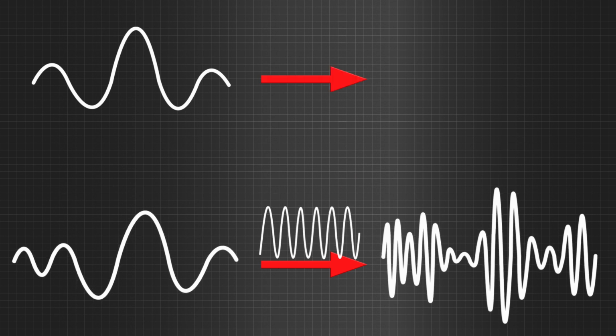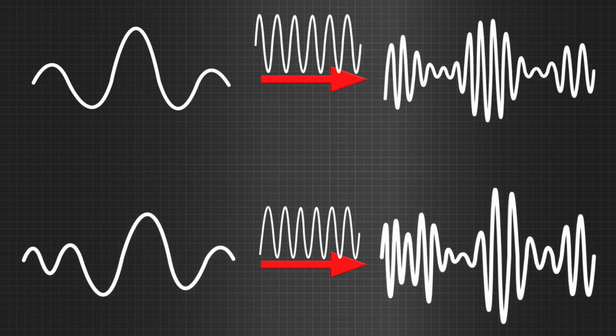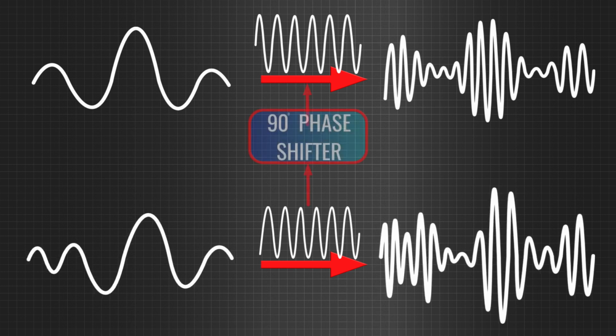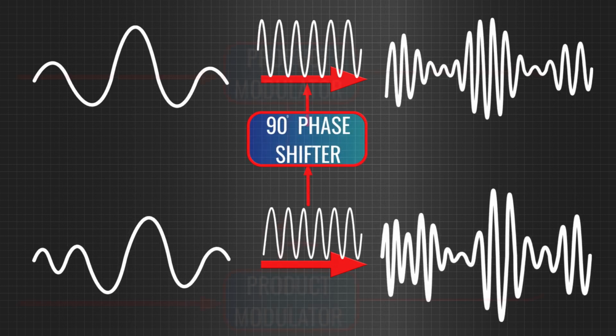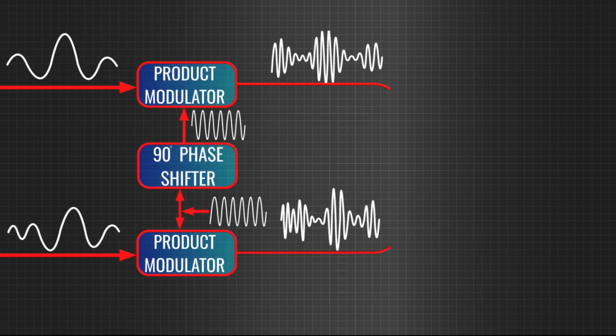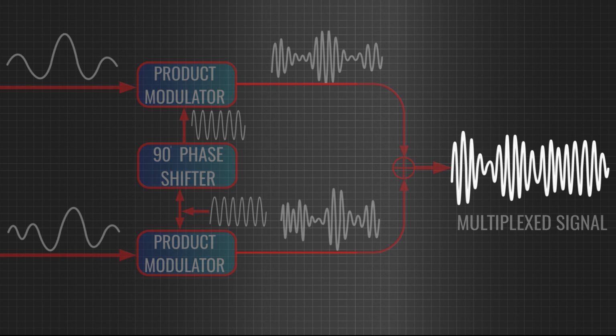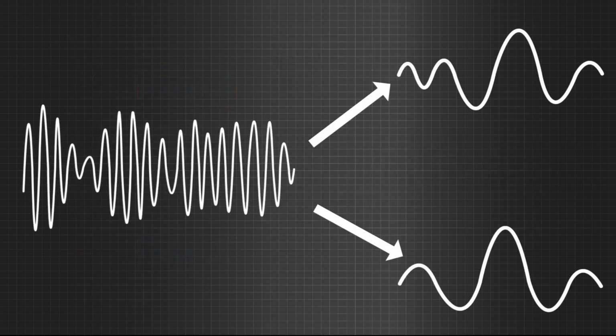The second signal is also amplitude modulated with a carrier wave of the same frequency and amplitude, but after giving the carrier signal a 90-degree phase shift. Now, these two modulated signals are mixed together and form a single signal. We call it a multiplexed signal. The interesting thing is that on the receiver side, we can easily separate out the original signals from the multiplexed signal.